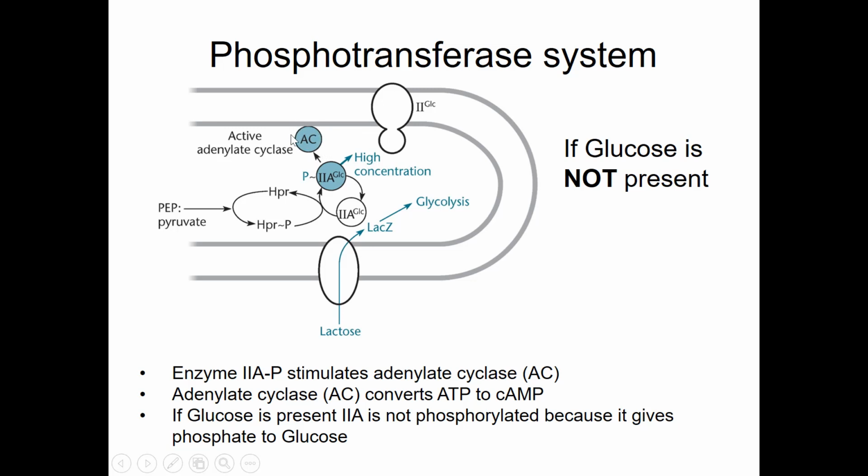Adenylate cyclase is an enzyme that converts ATP to cyclic AMP. And remember, this occurs because glucose is not present, and therefore enzyme 2A cannot donate that phosphoryl group, so it remains in a phosphorylated state. If glucose is present, this goes back to a non-phosphorylated state because glucose took that phosphate group.